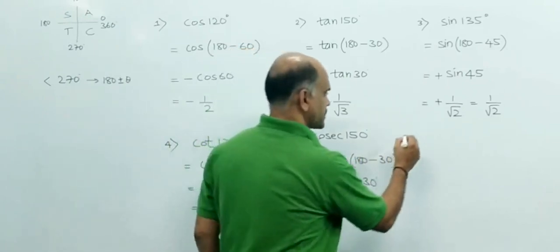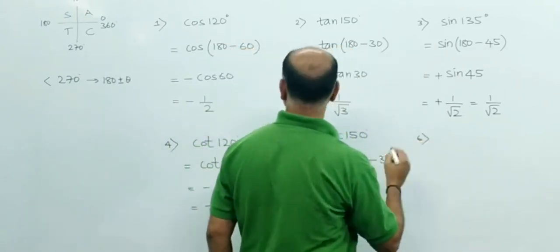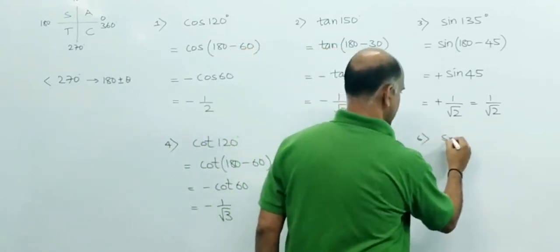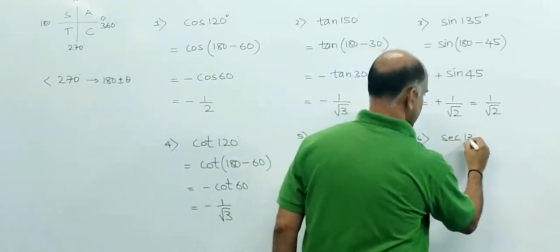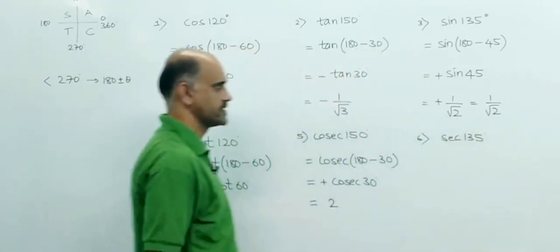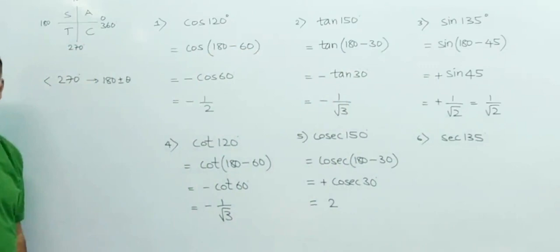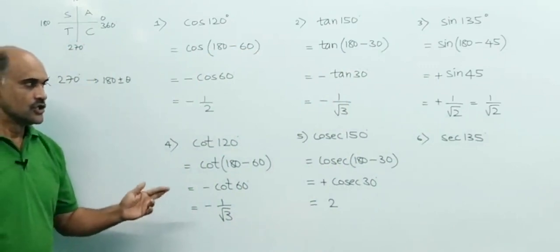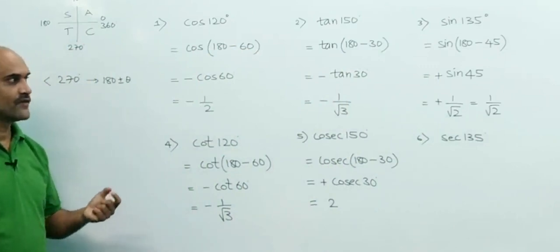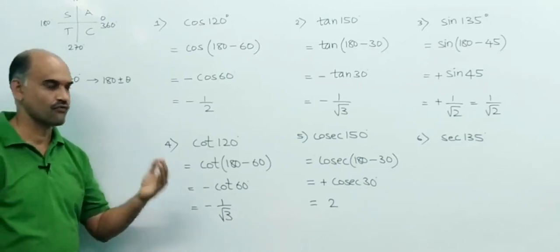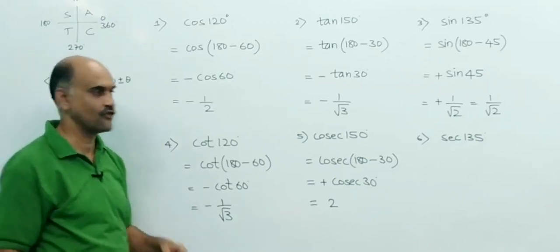Similarly, next you can try sixth one, secant 135 degree. Secant 135 degree. So now again 135 is written as 180 minus 45.